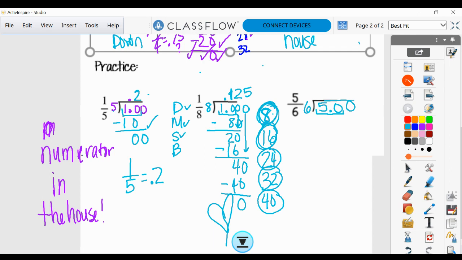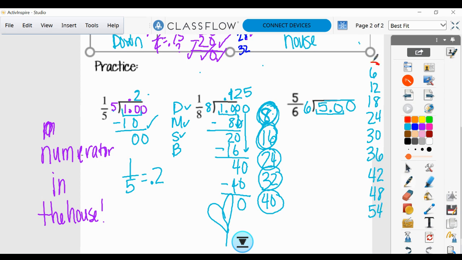So let's see. How many times does 6 go into 50? So I'm going to put my 6s over here. 6, 12, 18, 24, 30, 36, 42, 48, 54. Oh, that's where I got to stop.